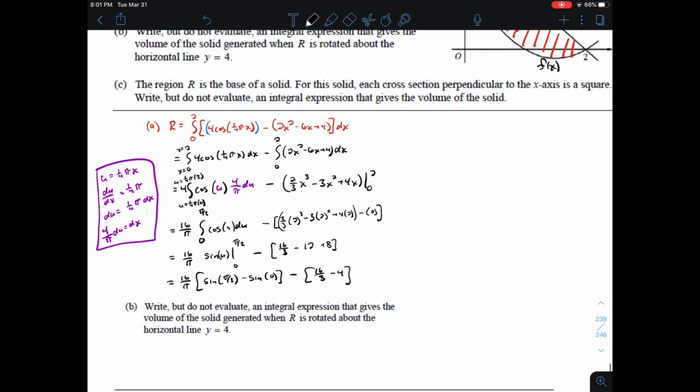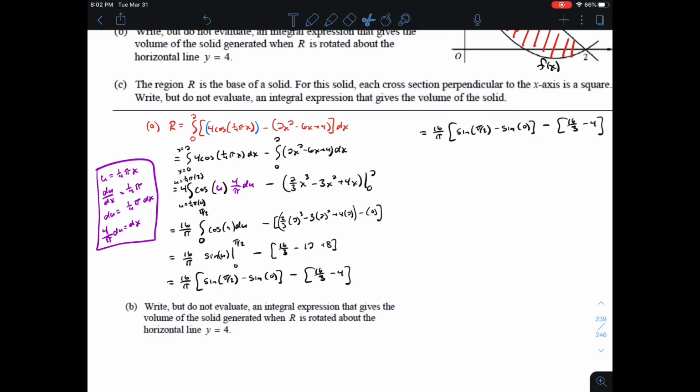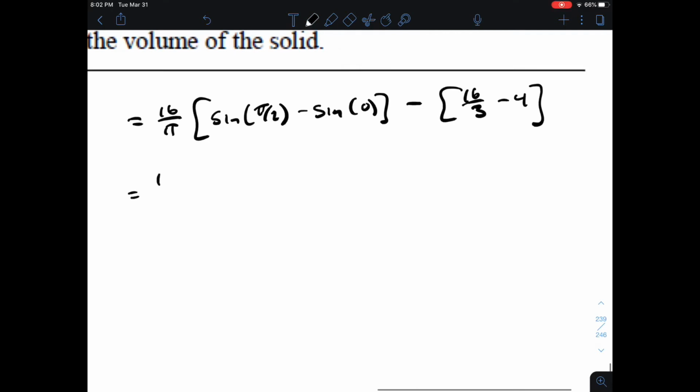I'm just going to copy this and bring it over so I can see what's happening here. Sine of pi over 2, that's 90 degrees. That's the positive y-axis. Sine is the y value, which is 1. Sine of 0 is on the positive x-axis. That's 0.